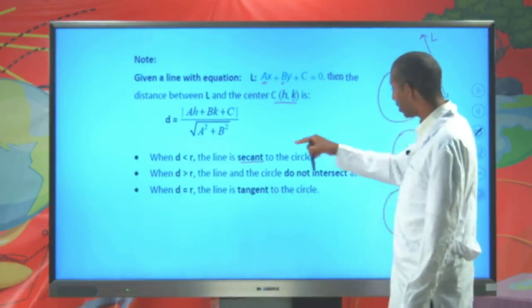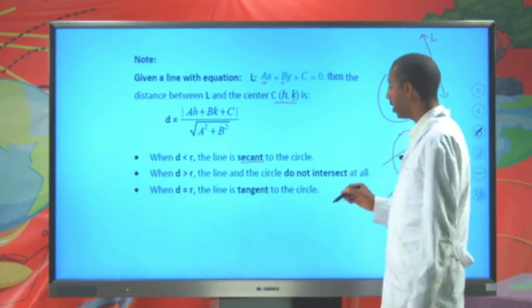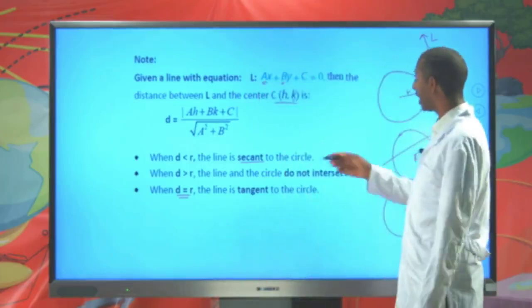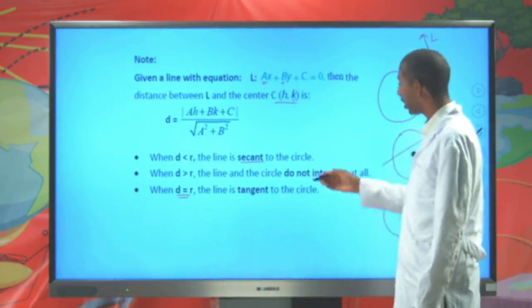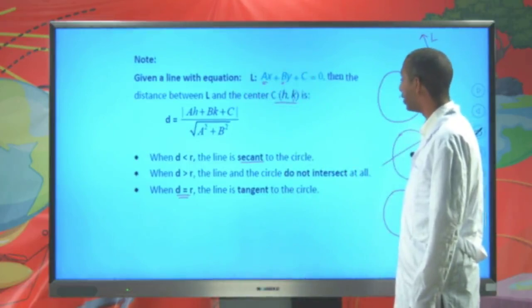And sometimes the distance and the value of the radius are the same. D is equal to R. In that case, the line is tangent to the circle. So those are 3 relationships between a given line and a circle.